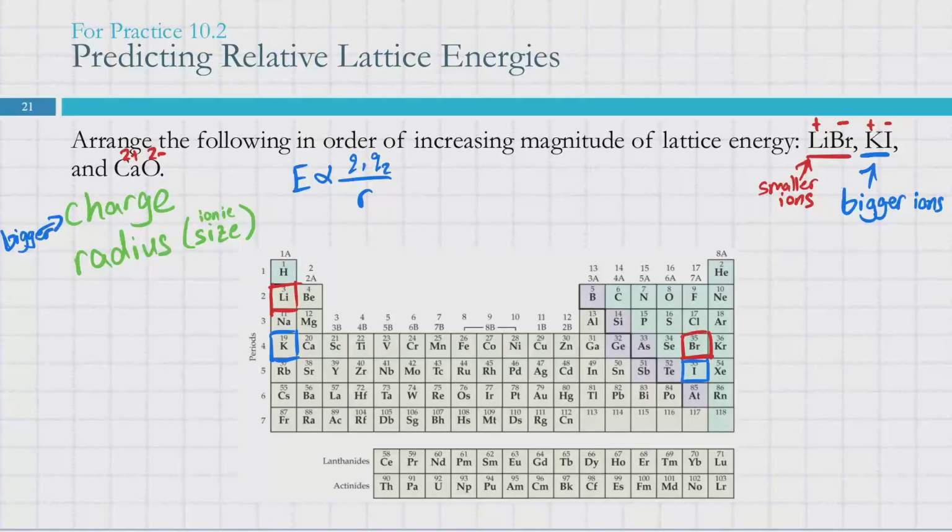Charge is generally a bigger effect. So calcium oxide is going to be our highest energy. And then we have to make a distinction based on ion size. Are smaller ions or bigger ions going to have a bigger lattice energy? Smaller ions are closer together, more energy. Smaller radius, bigger energy.